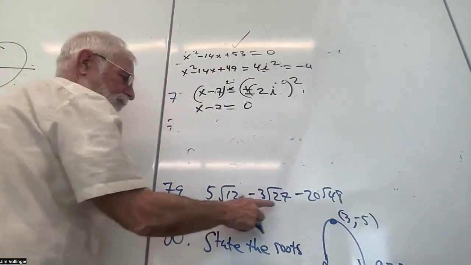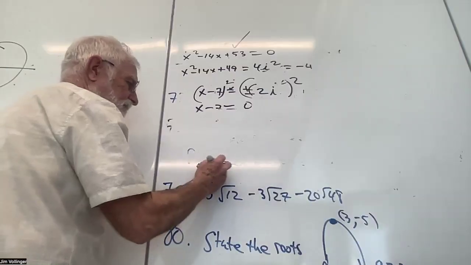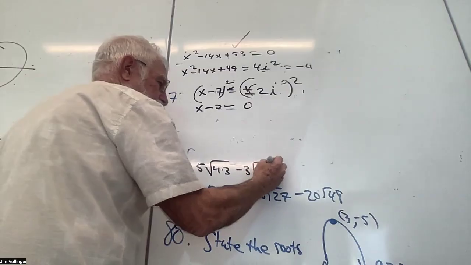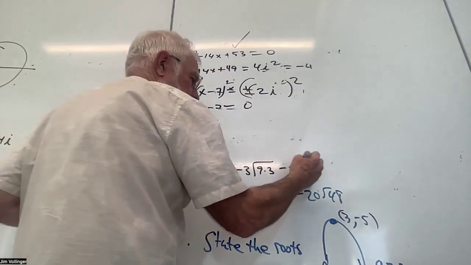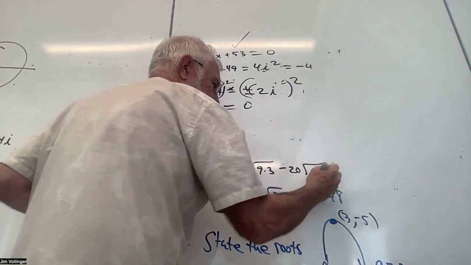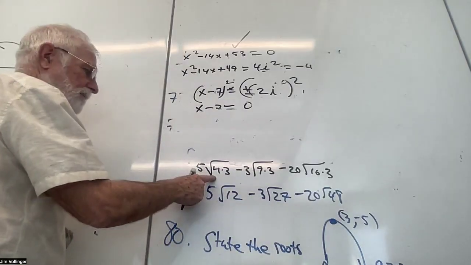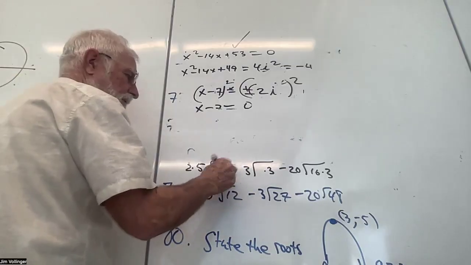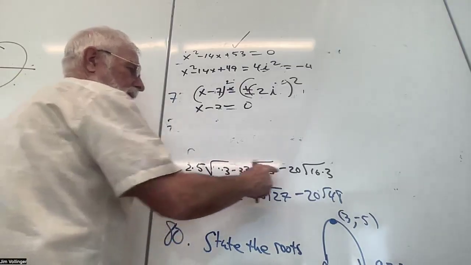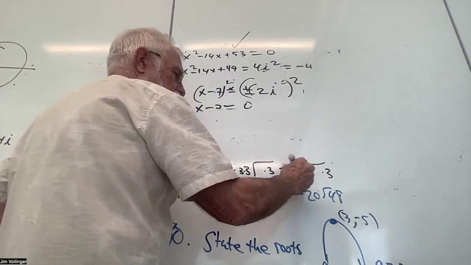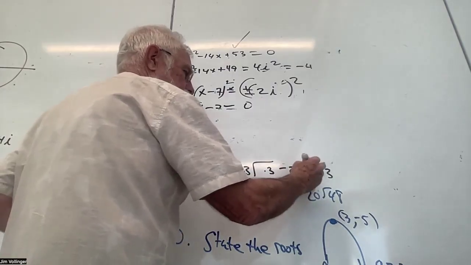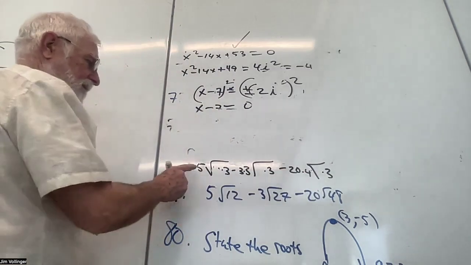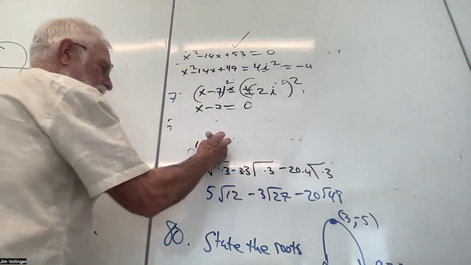It's good if you know your perfect squares. 5 times 4 times 3, minus 3 times 9 times 3, minus 20 times 16 times 3. What's this one become? Square root of 4 is 2. Square root of 9 is another 3. Square root of 16 is another 4. They're all root 3s. 10 root 3.